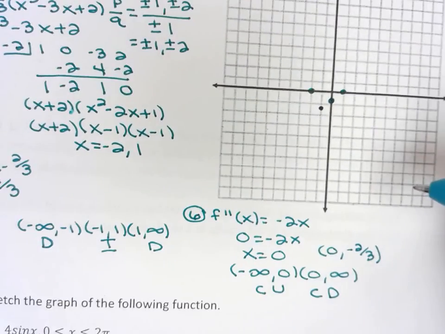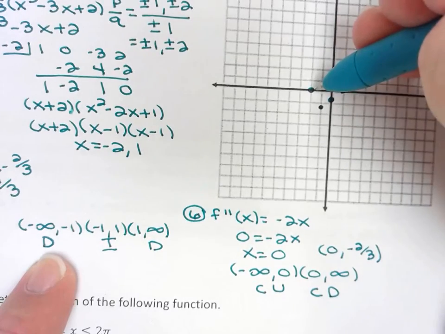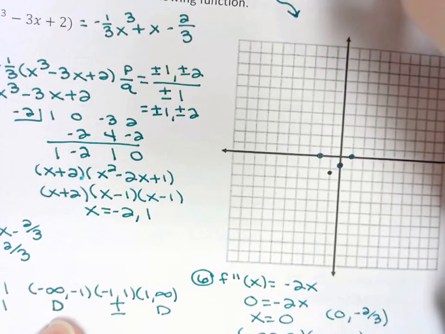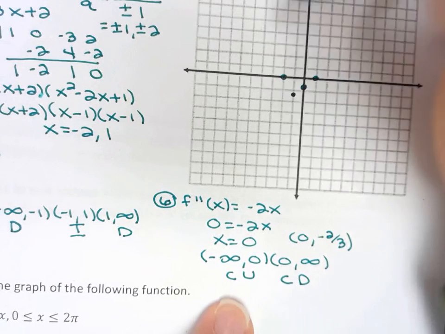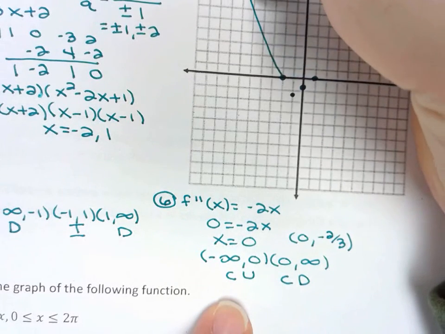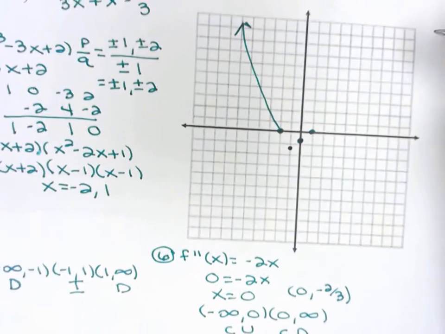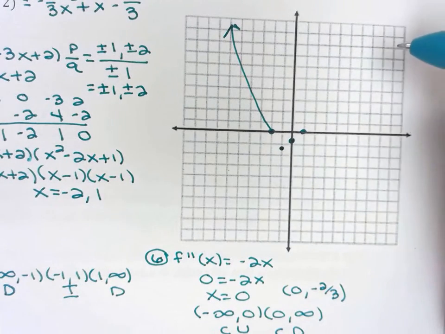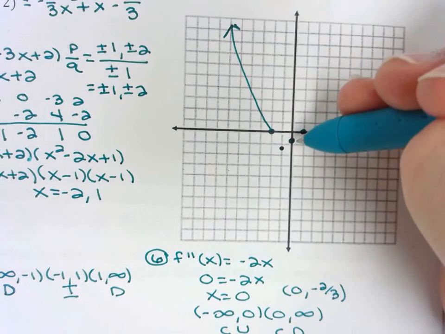From negative infinity to negative 1, I am decreasing, which makes sense with my end behavior. And I am concaving up, so I'm going to have that happy face curve. I'm still concaving up all the way to 0.